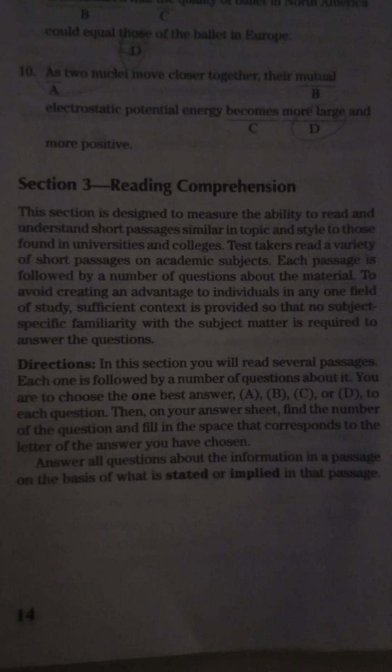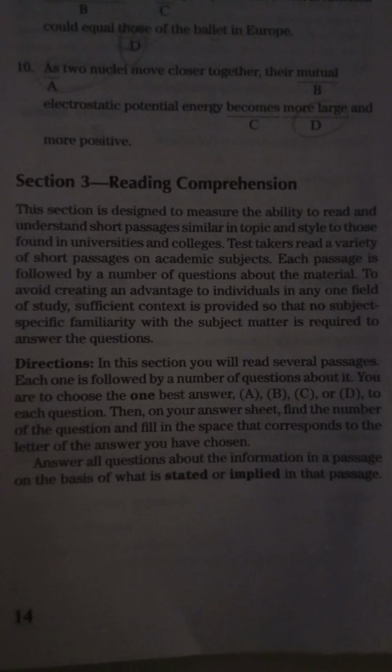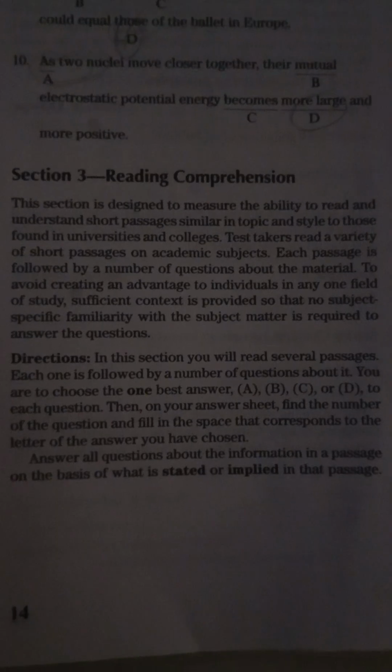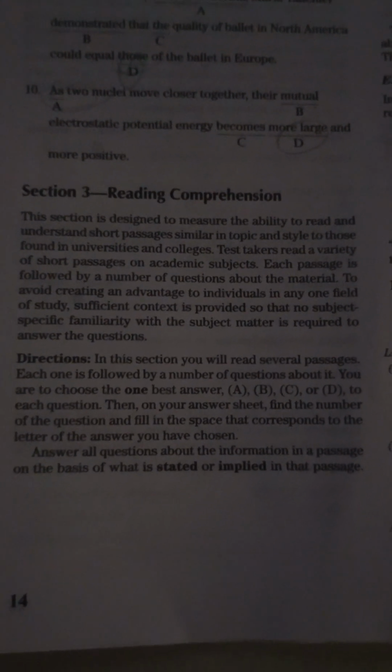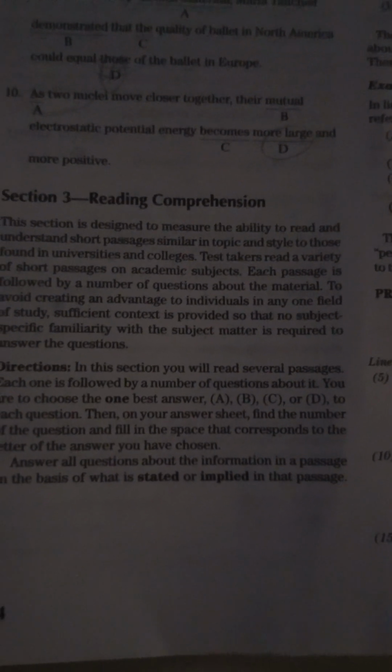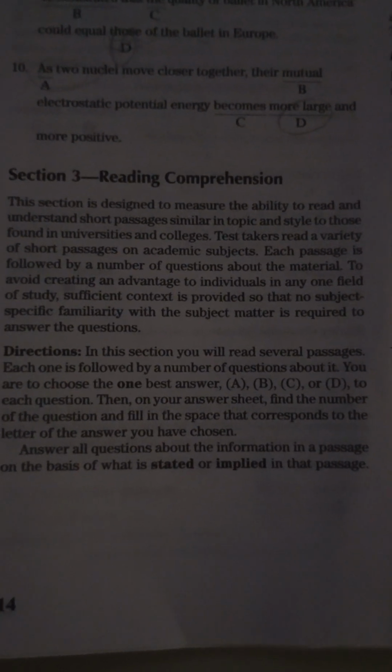To avoid creating an advantage to individuals in any one field of study, sufficient context is provided so that no subject-specific familiarity with the subject matter is required to answer the questions.